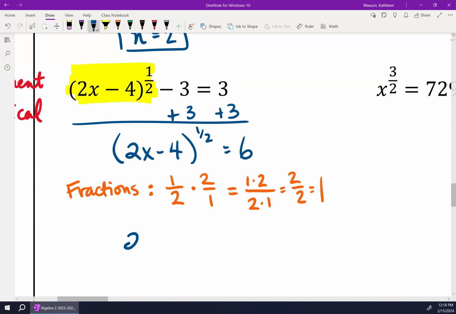So here I have 2x minus 4, this whole group to the 1/2 power. If I raise this to the 2 over 1 power, if I square it, then you're allowed to do that as long as you also square the other side of the equation. This eliminates the exponent.